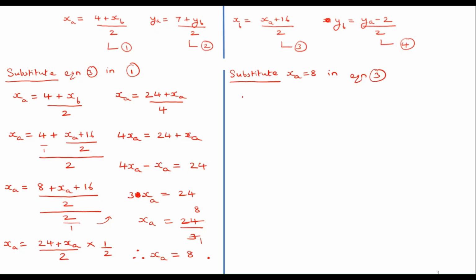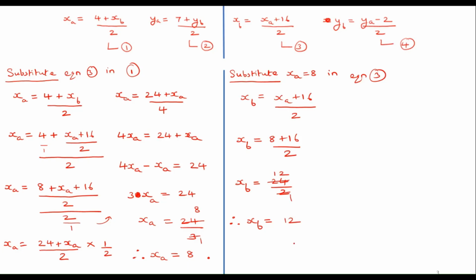So xb is equal to xa plus 16 upon 2. Xb is equal to xa is 8 plus 16 upon 2. Xb is 8 plus 16, which is again 24, 24 upon 2, and therefore xb is 12. 2 ones are 2, so 12.